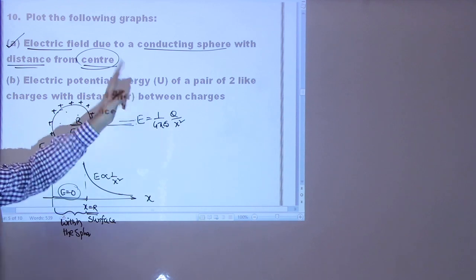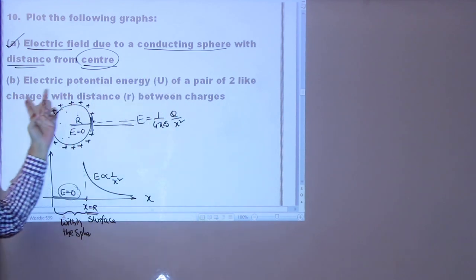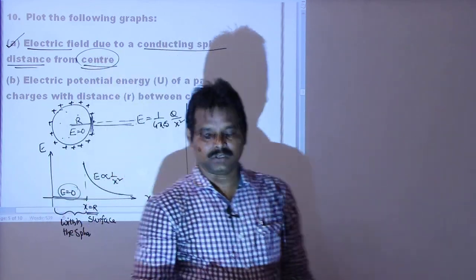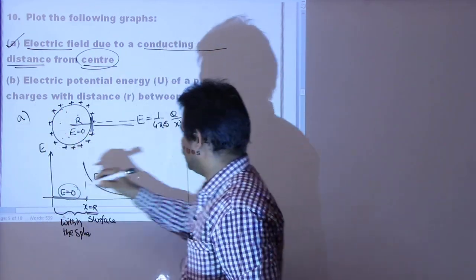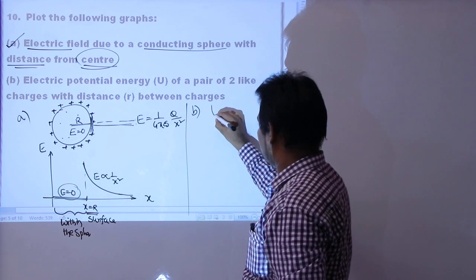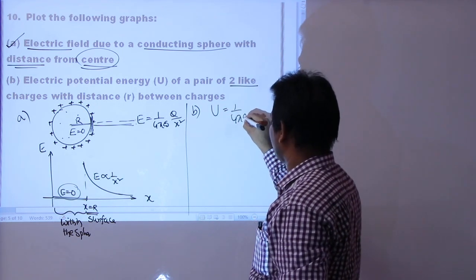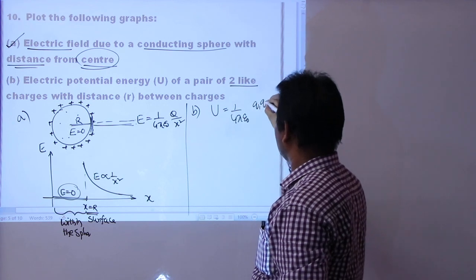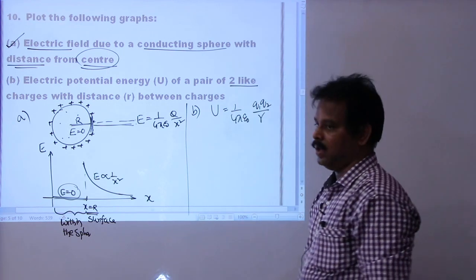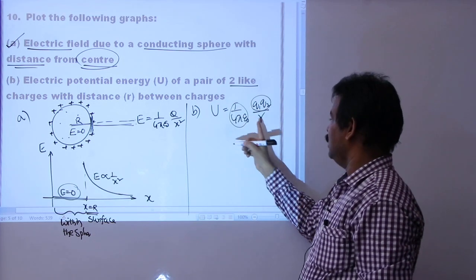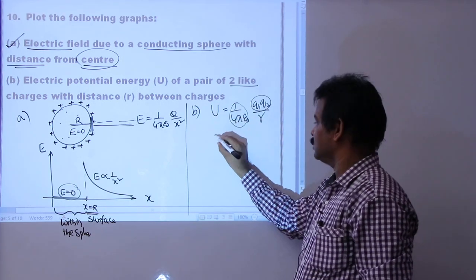This is the first part. Now, the second one: electric potential energy of a pair of two like charges with distance r between them. This is A, and this is B. The potential energy of two like charges is 1 by 4 pi epsilon naught Q1 Q2 by R. Here the product of charges is constant.